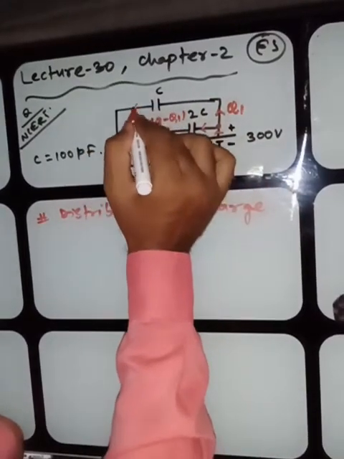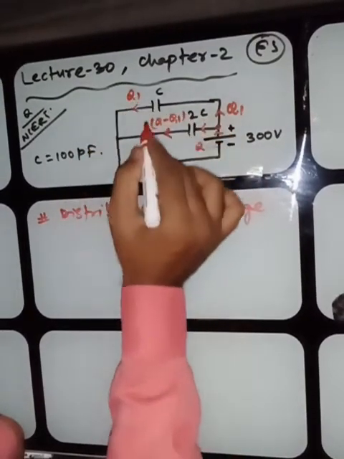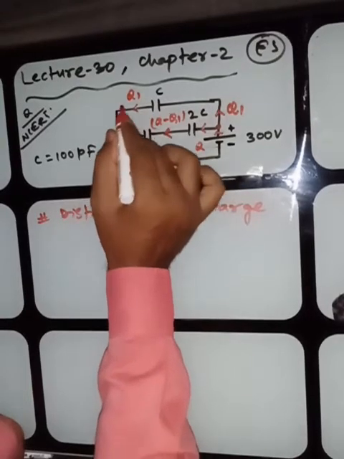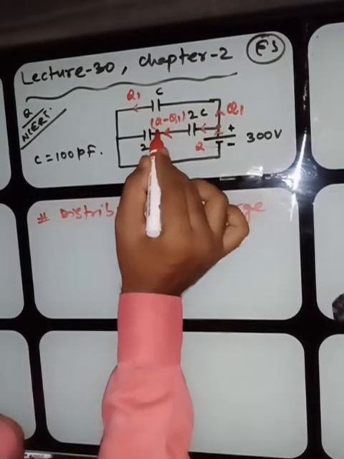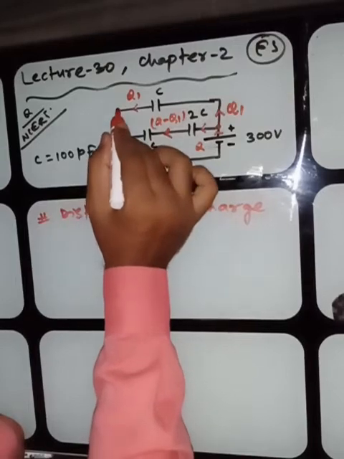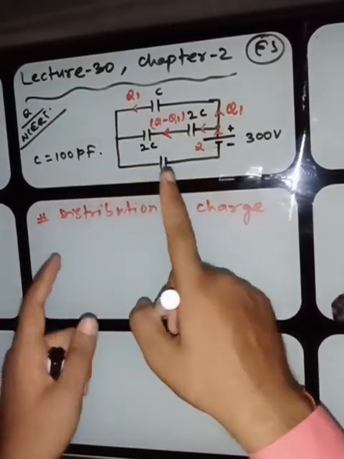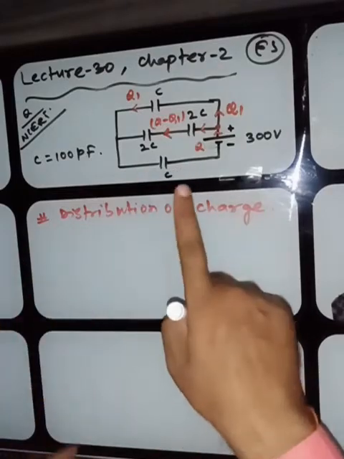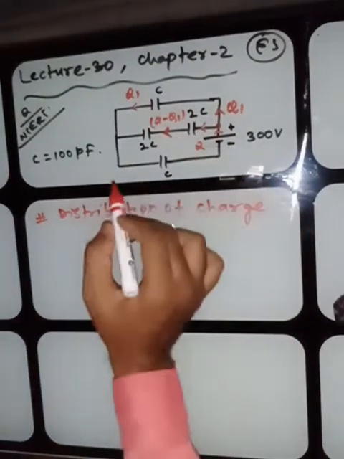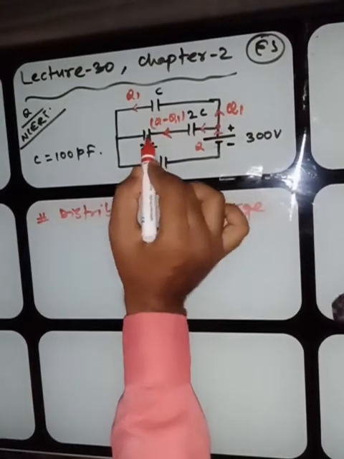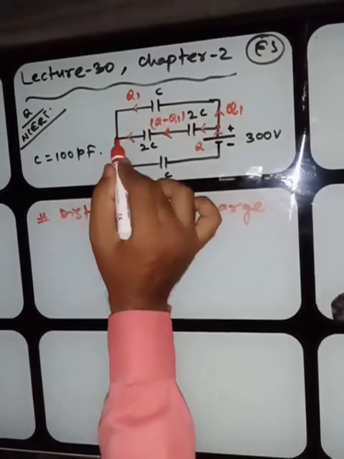I told you, in one branch there will be only one direction of charge. If charge is coming from here, this Q1 will not go in this direction.